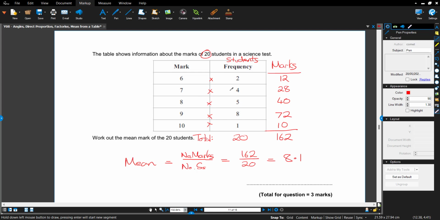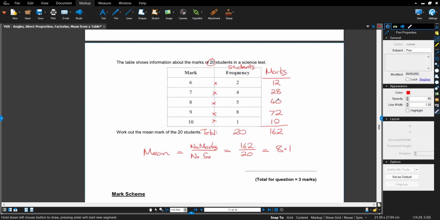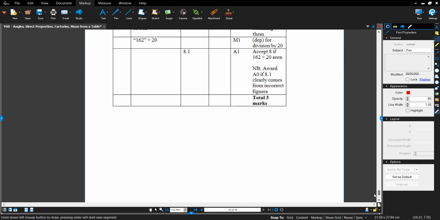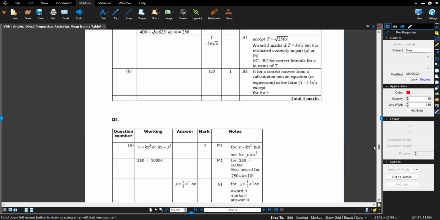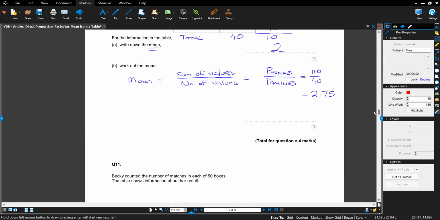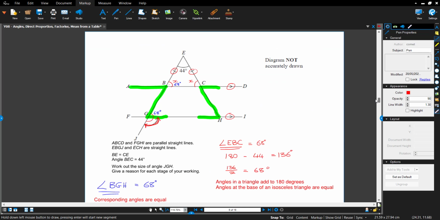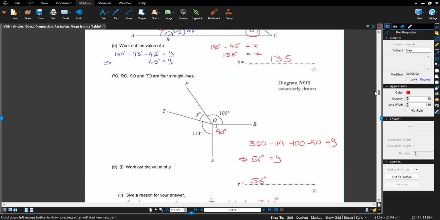And then there's a good few 7s, a couple of 6s, and a few 8s. So that makes sense. Okay, cool. That's it. There you go, 8.1. That's how you do it. And just make sure you double check your answers like I did with that one.